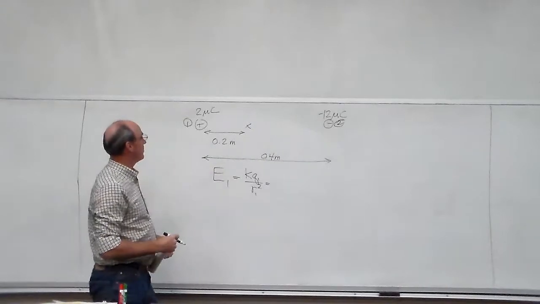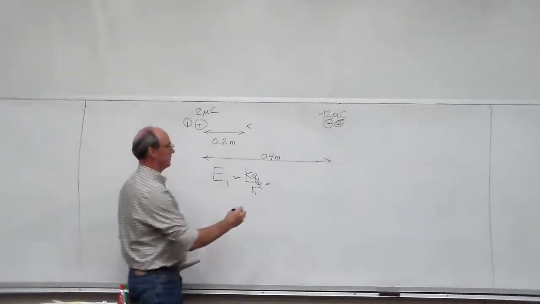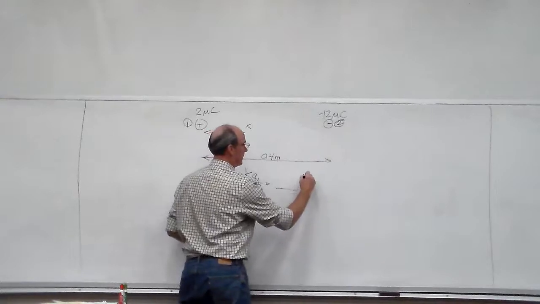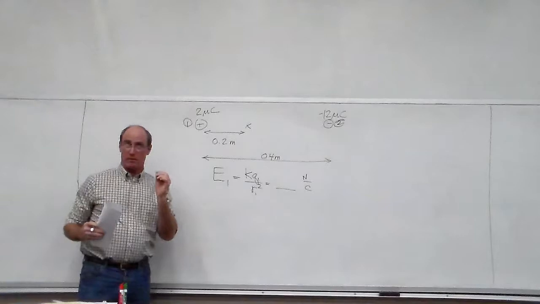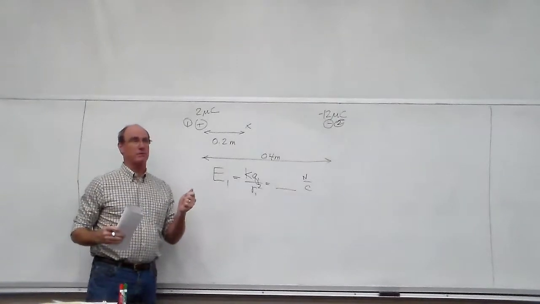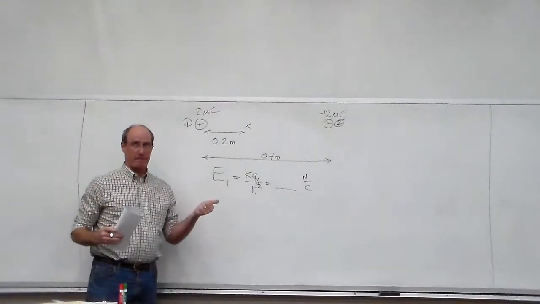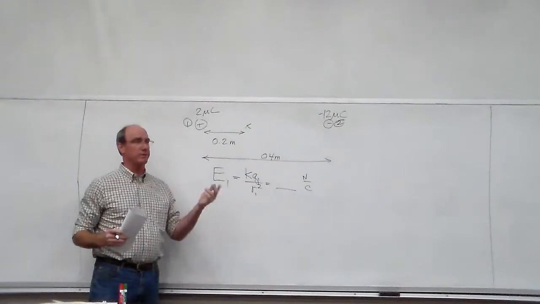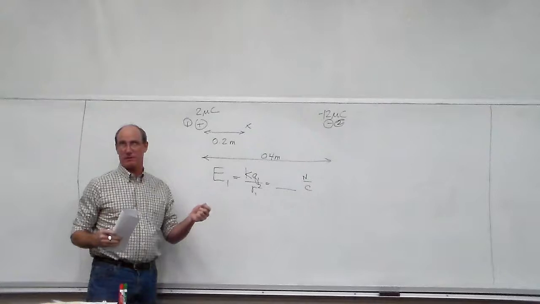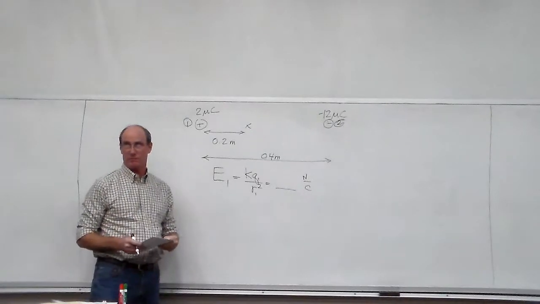Okay. In what direction will that point? What's our test for the direction of the electric field? Away from positive charge towards negative charge, or if you don't know, put a positive charge there and the force will tell you where it goes.